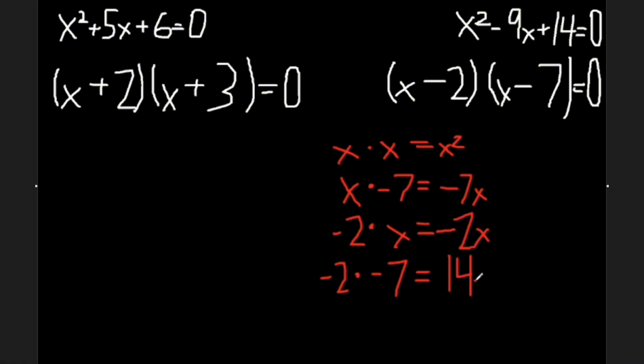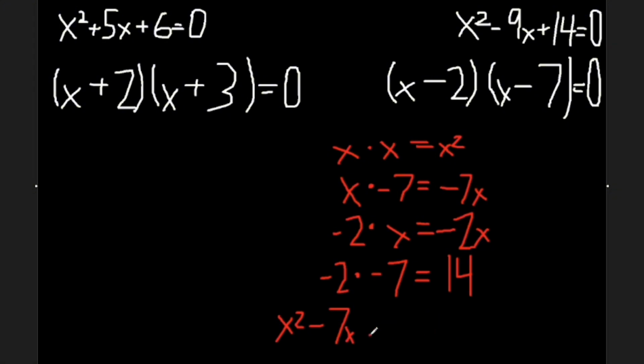It's just like solving positive 2 times 3. So now we just have to arrange it. x squared minus 7x minus 2x plus 14. Combine like terms.